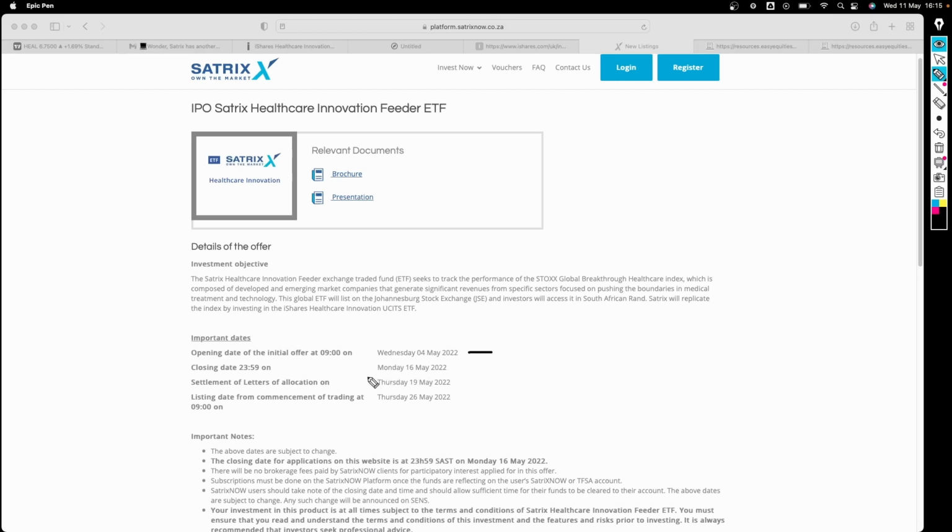Then the closing date to participate, meaning the date by which you should have bought your letter of allotment, is the 16th of May. We are still on the 11th of May, so there's still a bit of time for you to buy those letters of allotment if you haven't done so. Then on the 19th of May, they are going to settle these letters and allocate the number of units to the people.